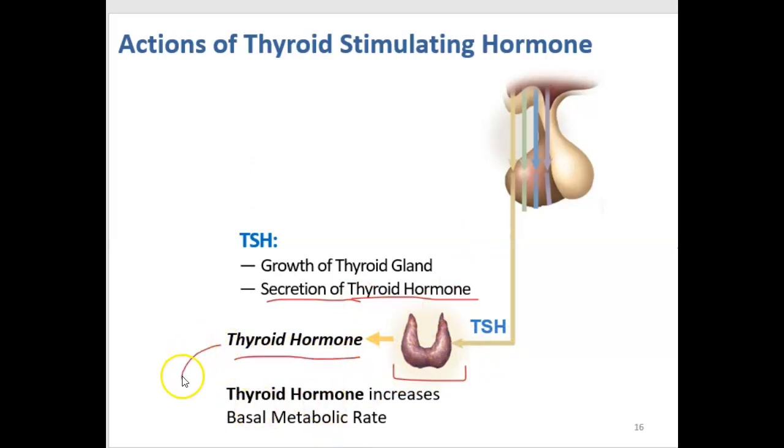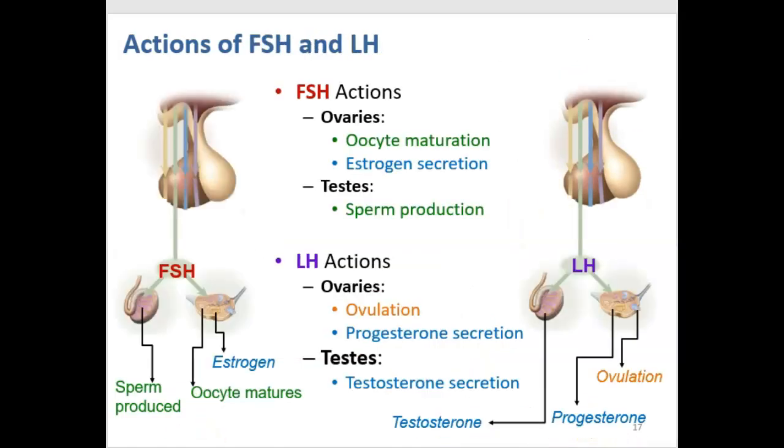And we care about thyroid hormone because it has an effect to increase our basal metabolic rate. That means it increases ATP production of cells throughout the body, and it also lowers glucose because you have to use the glucose to make the ATP. You don't have to remember those details though.